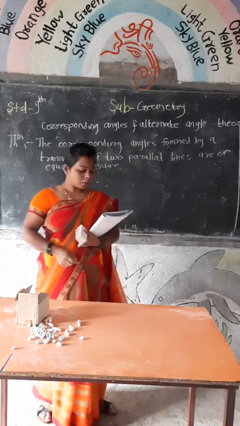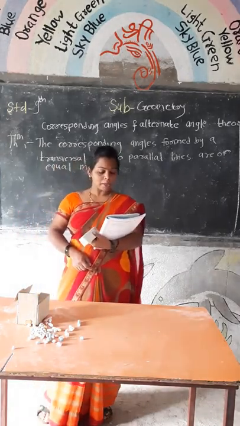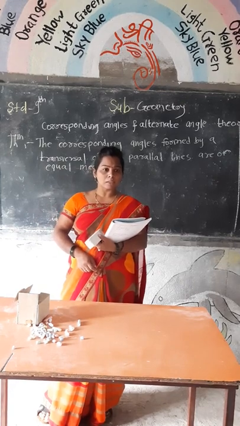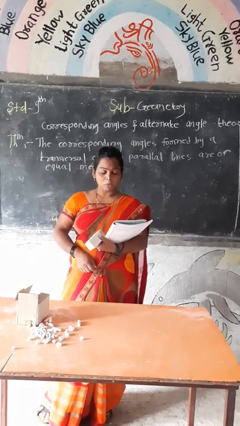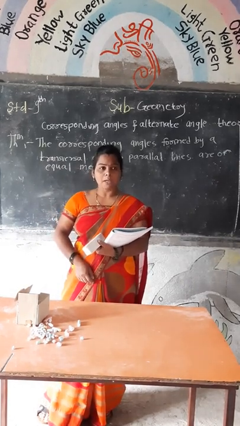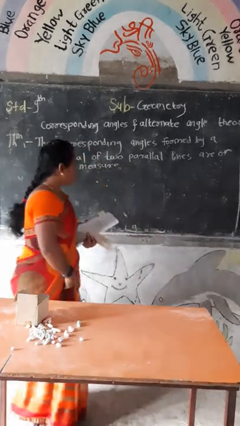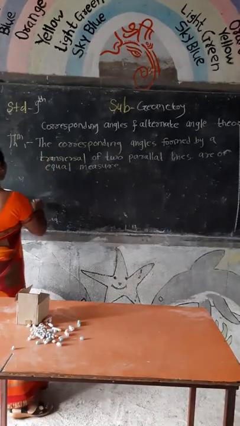The statement of the given theorem is: the corresponding angles formed by a transversal of two parallel lines are of equal measure. Now the proof of the theorem.